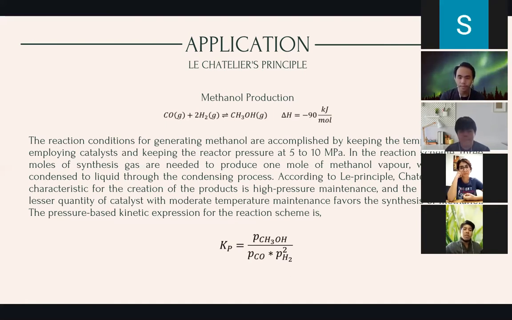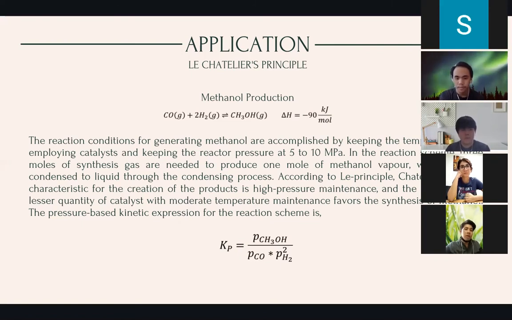So in the reaction scheme, we can see that 3 moles of synthesis gas are required for making 1 mole of methanol vapor, which is further condensed to liquid state by going through the condensing process. And by this principle, it leads to the application that high pressure maintenance is the main parameter for the formation of the products.